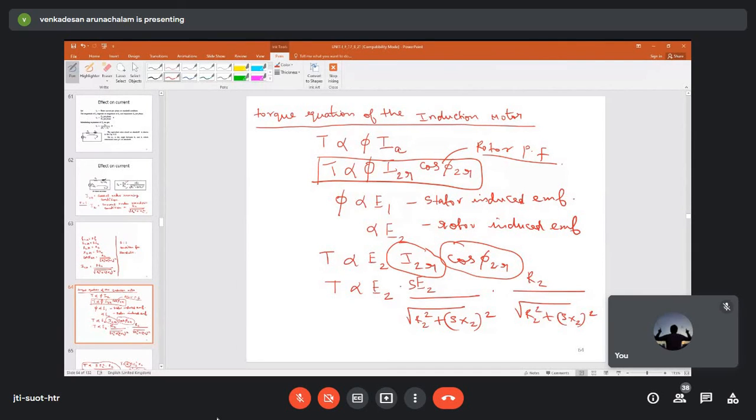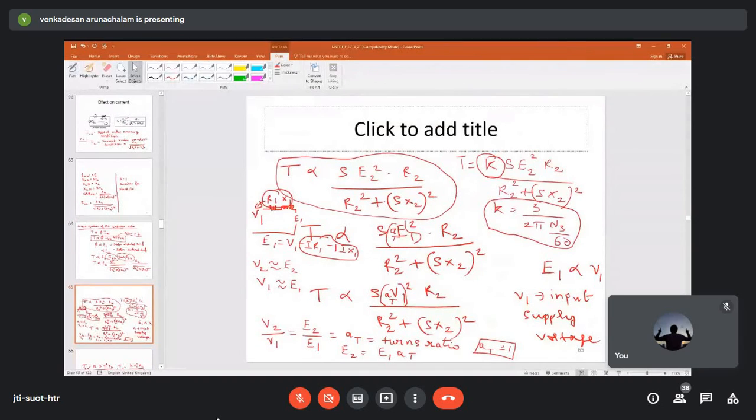Cos phi 2R is nothing but R2 by root of R2 squared plus (S into X2) squared. So if you simplify everything, you will get torque is proportional to S E2 squared into R2 divided by R2 squared plus (S into X2) the whole squared. That is the expression for the torque, right?